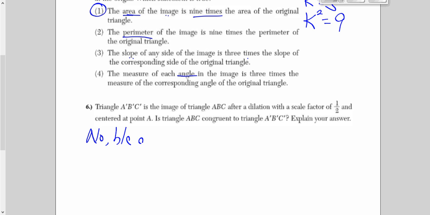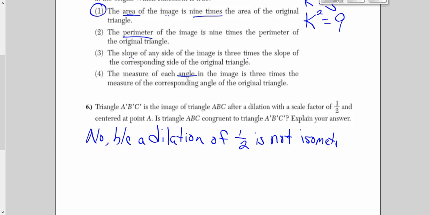because a dilation of 1/2 is not isometric. So corresponding sides are what?